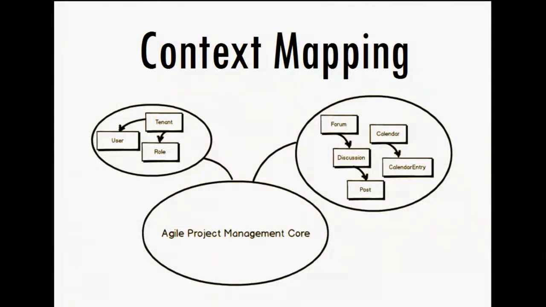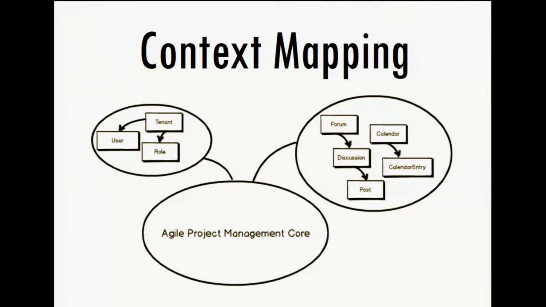And again, this is what we call context mapping. So how does the Agile Project Management core, or bounded context, get its notion of product owners, team members? How does it do that? How does it get its notion of discussions and milestones, for example, in its calendar?